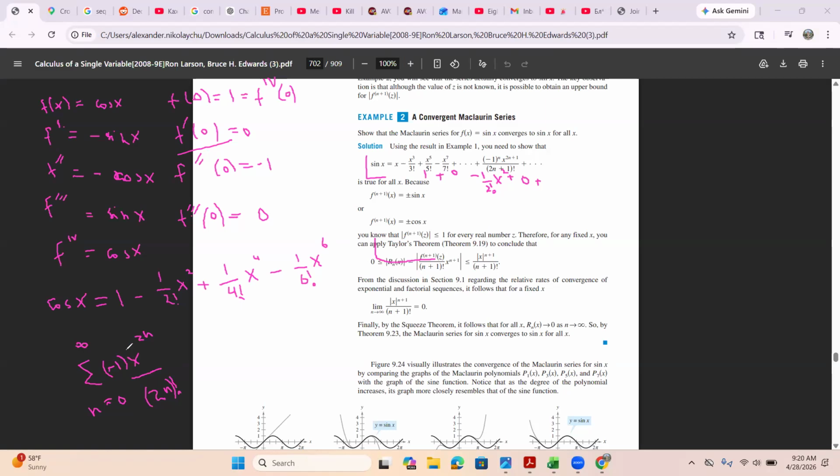We alternate, so I need to go from 1, so basically -1 raised to the power of n. So when first term is 0, -1 to the power of 0 is 1. So it is positive. But the next term has to have a minus sign, and when n is 1, the next term, indeed, is going to be minus.